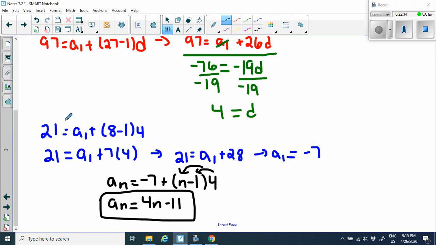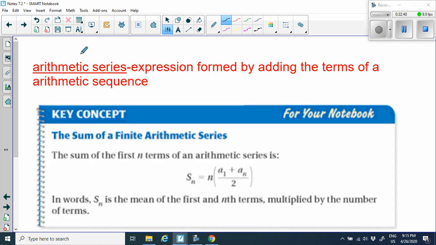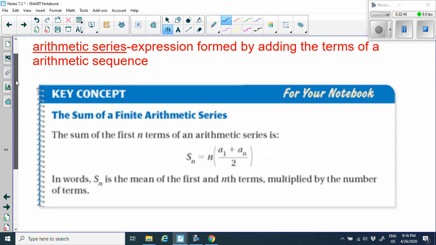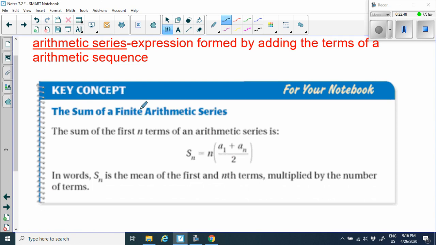Okay, we have one more example, and this is where we're going to be talking about series, the sum of series. So an arithmetic series is an expression formed by adding the terms of an arithmetic sequence. Okay, the sum of a finite arithmetic series. So the sum of the first n terms of an arithmetic series is using this formula.